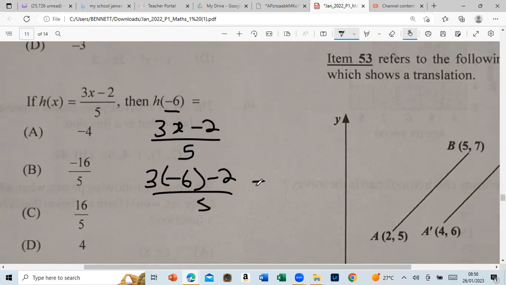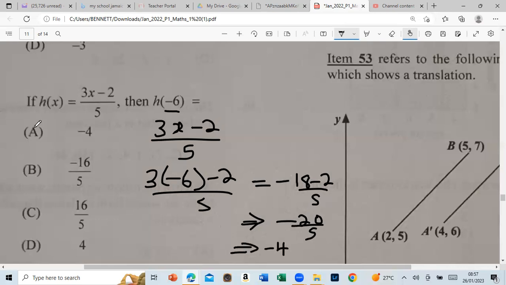So 3 times 6, that's negative 18 minus 2. We'll do it step by step, right? So both of them are negative. So we're going to add them and get negative 20. And then we divide by 5, which gives us negative 4. Alright, so our final answer would be negative 4.